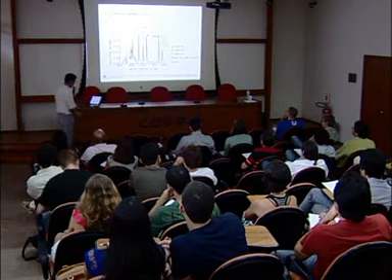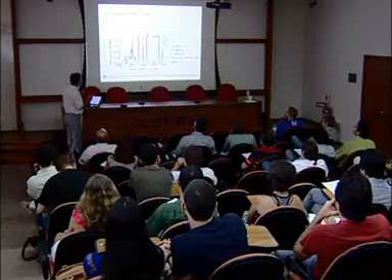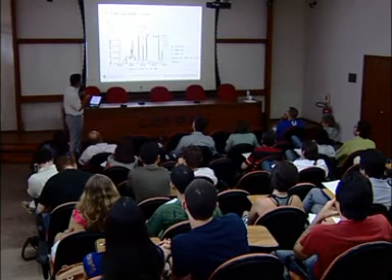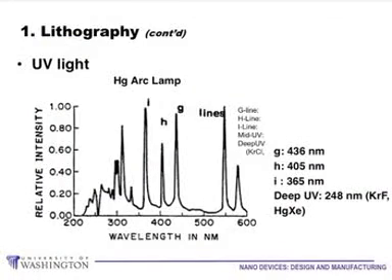In terms of UV light, there are various wavelengths. When we use a halogen lamp, we can see a lot of light, and using a filter, we can filter out a specific line, for example I line, H line or G line. The G line is 436 nanometers.